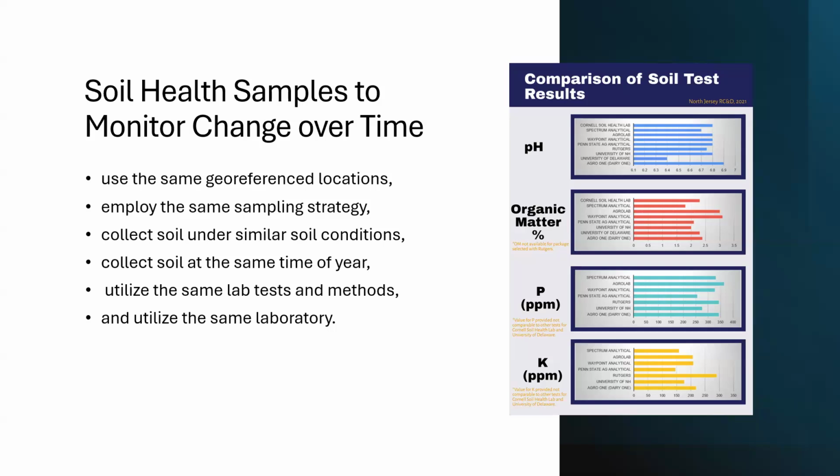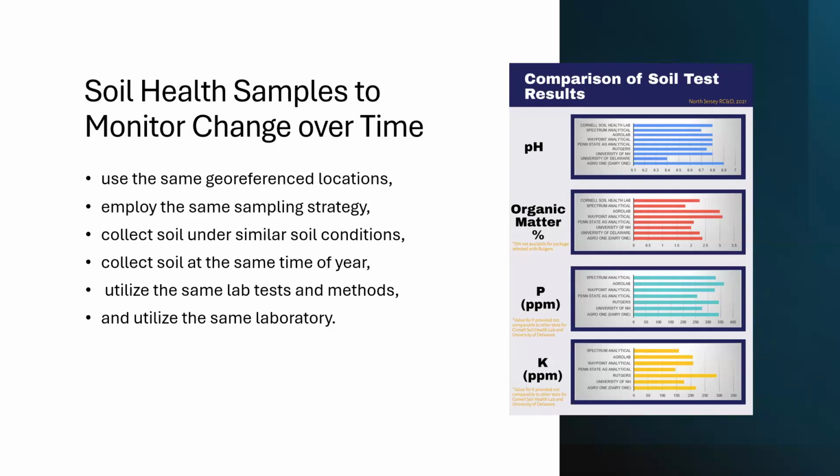And then once you're back there, you want to use the exact same sampling strategy. You don't want to sample 6 inches with a shovel and then the next time go out and sample to a foot with a 1-inch probe, right?